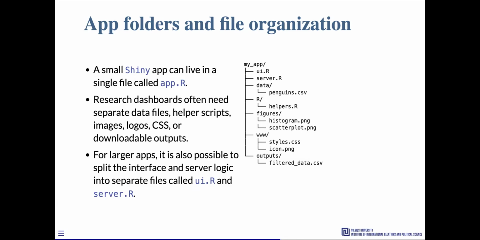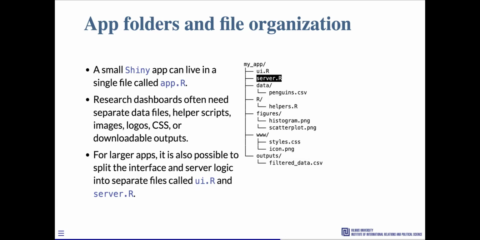But more importantly, what this allows you to do is to separate your UI and your server into two different scripts. If R recognizes that you have a script called UI and a script called server, especially if it's RStudio, then it'll automatically recognize that it is an app.